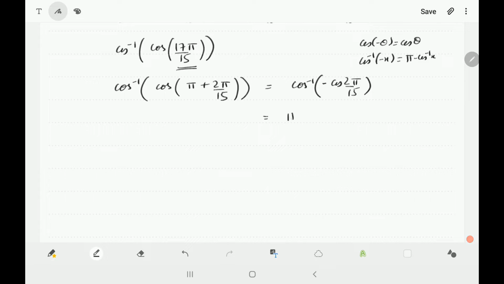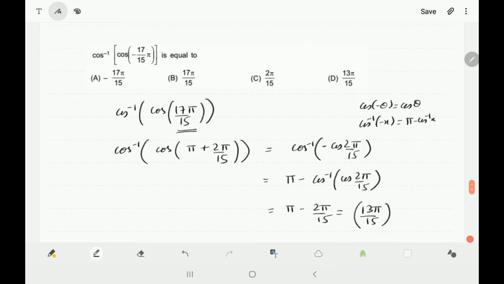So this can be written as pi minus cos inverse of cos 2 pi by 15. Okay, so this value will be pi minus 2 pi by 15. Once you take the LCM, it will become 13 pi by 15. So the answer for this problem will be 13 pi by 15, which is option D.